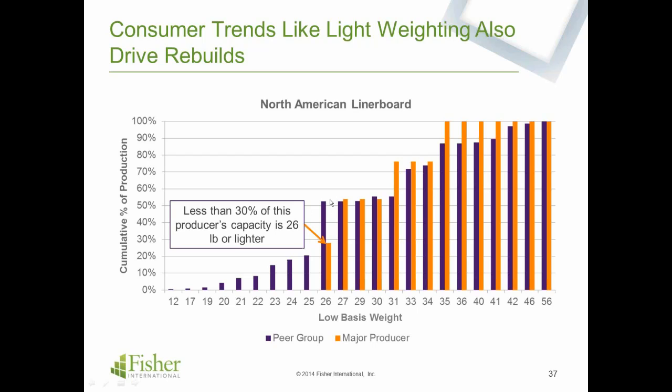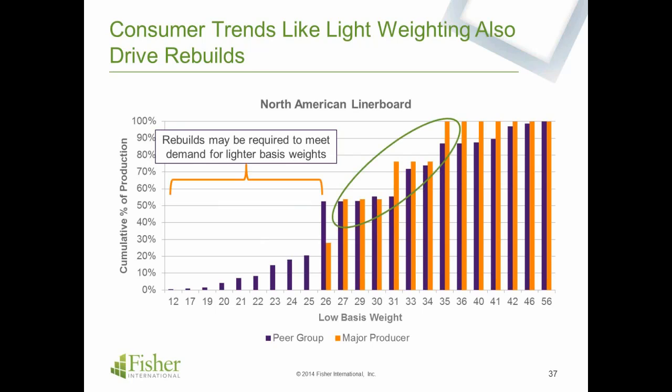But the rest of the marketplace has over 50% of its capacity that can produce 26 pound or lighter weight linerboard. So it seems reasonable that if this company wants to capitalize and participate in this trend towards lighter basis weights, that the machines that fall in this region of heavier basis weight may be good candidates for rebuild. In fact, it may be required that they be rebuilt if they're going to participate in these lighter basis weights.